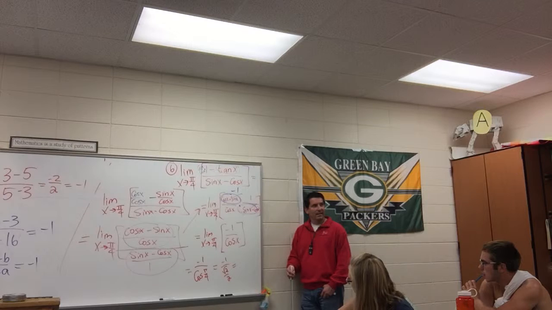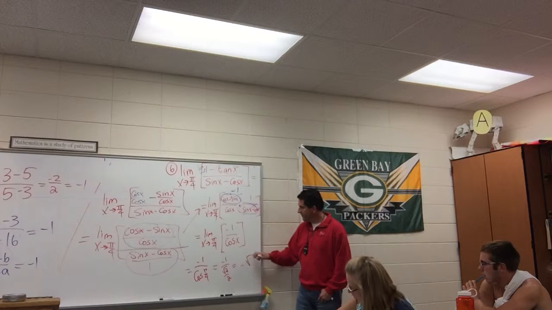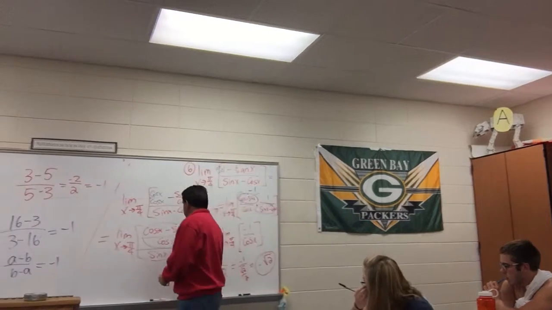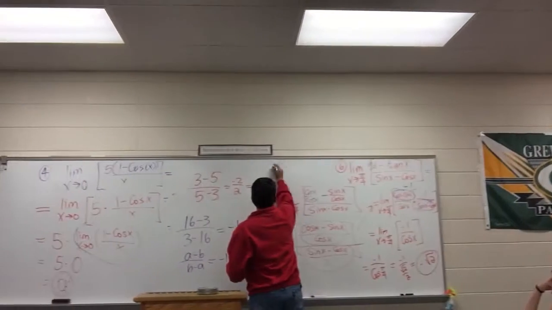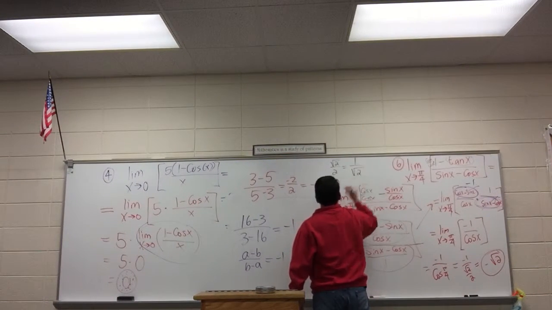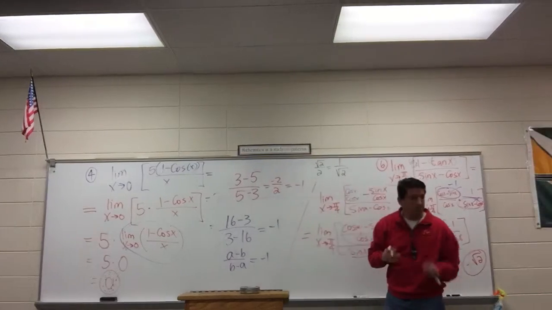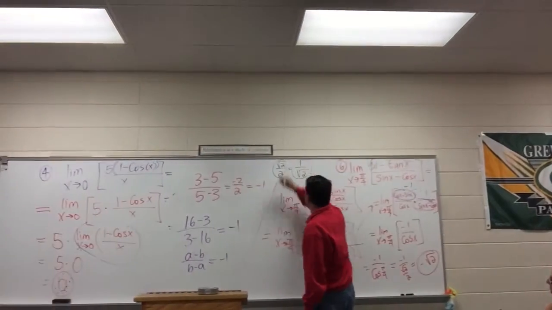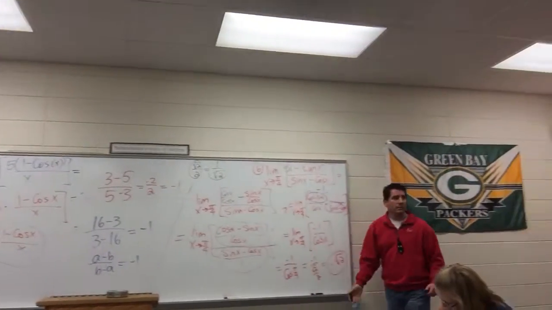Negative square root of 2 is correct. Okay? And just a little side note, the square root of 2 over 2 is the same as 1 over the square root of 2. So if I'm going to take the reciprocal of this, it's the same as taking the reciprocal of this, which is the square root of 2.